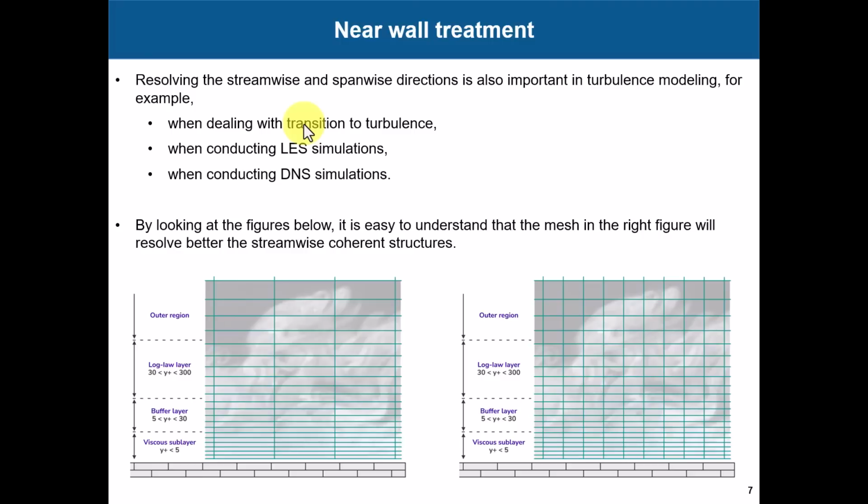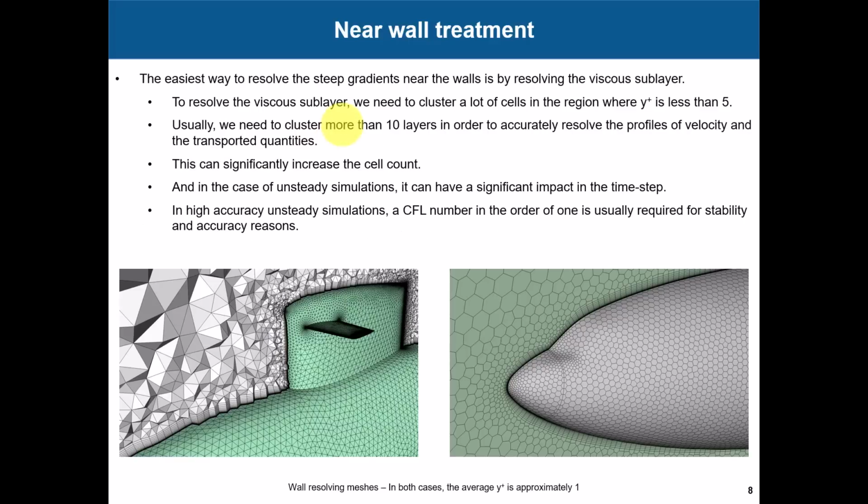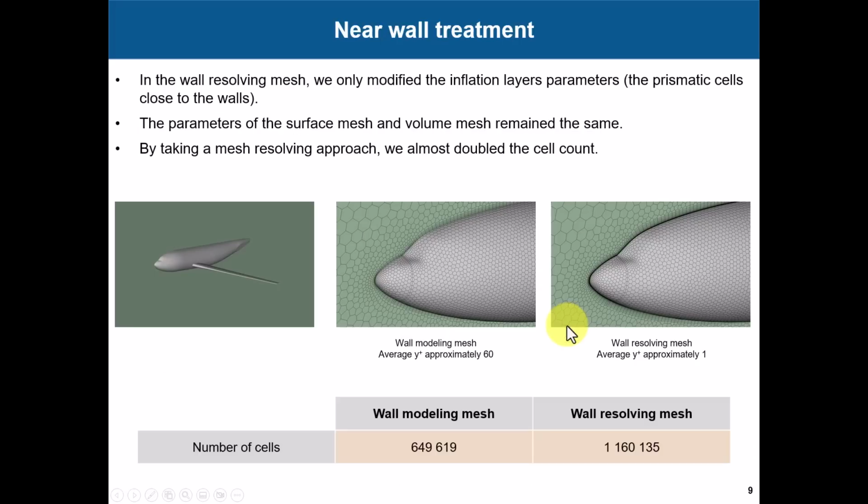There are very specific models for that, and we're going to visit those models just to show you a little bit of the cost that you pay when you have wall resolving. So look at that, verify meshes close to the wall. For wall modeling here, we're talking about average y plus of about 60, versus 1, and look at that, you kind of double your cell count, and even worse.